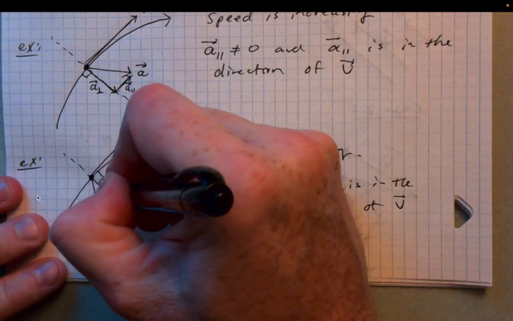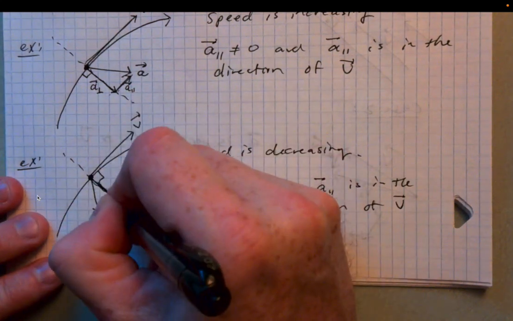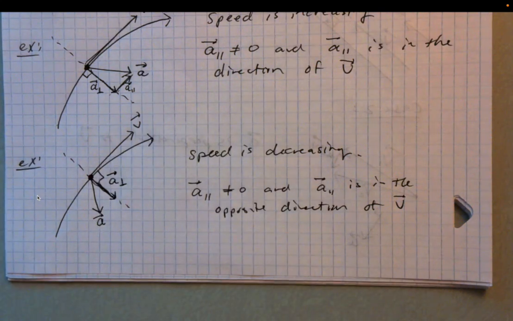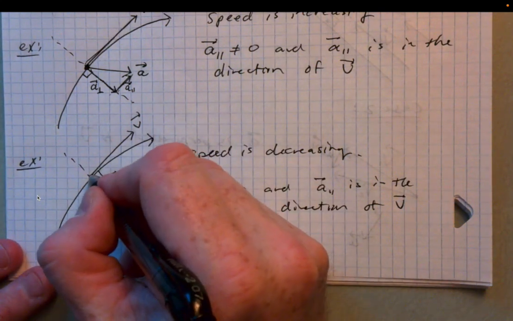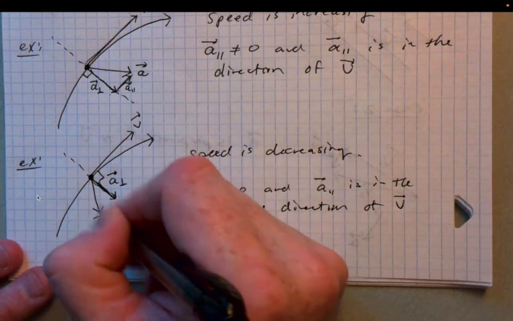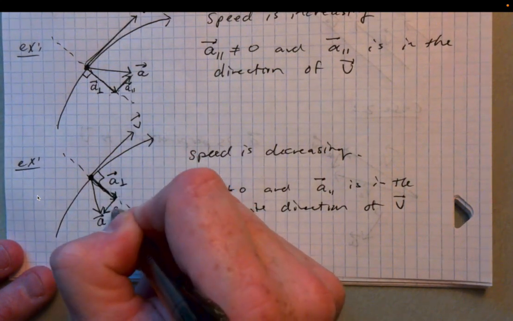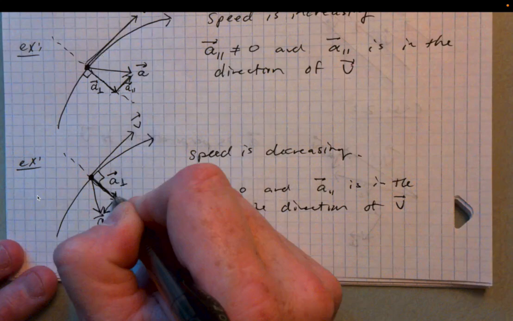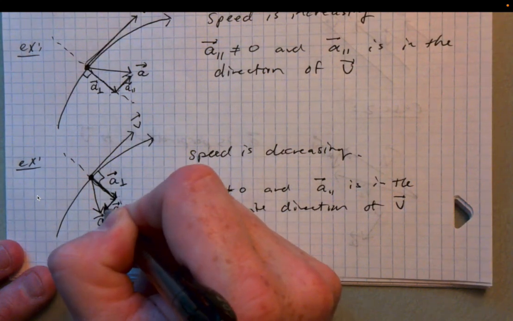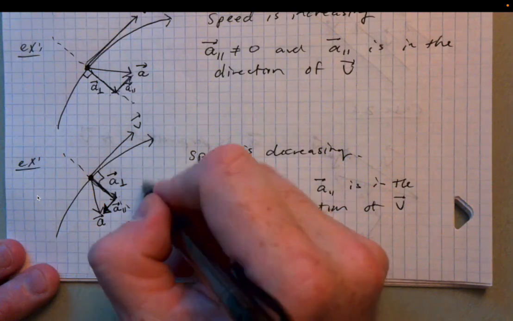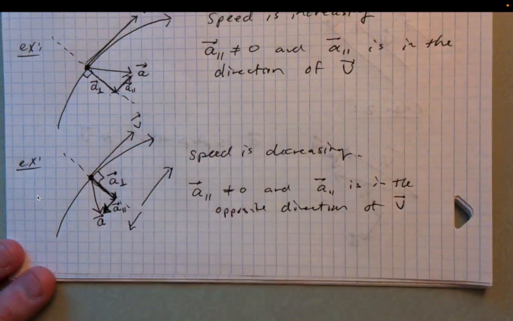Well, again, this piece here would be A perpendicular, right? And then to get from the point to the tip of my acceleration vector, I have to go this direction, and then I have to go this direction, don't I? So A parallel is in the opposite direction, namely this direction, of my velocity vector, which is going this way, right?